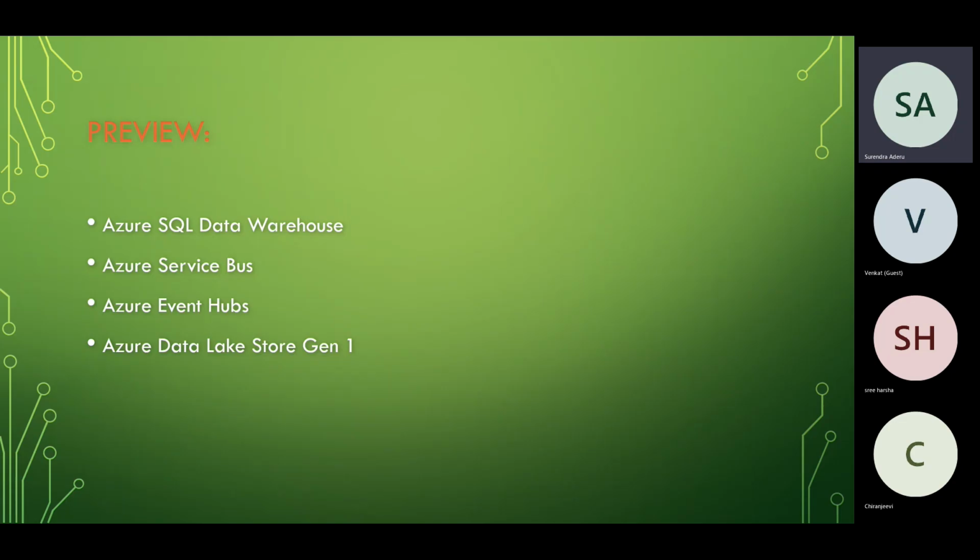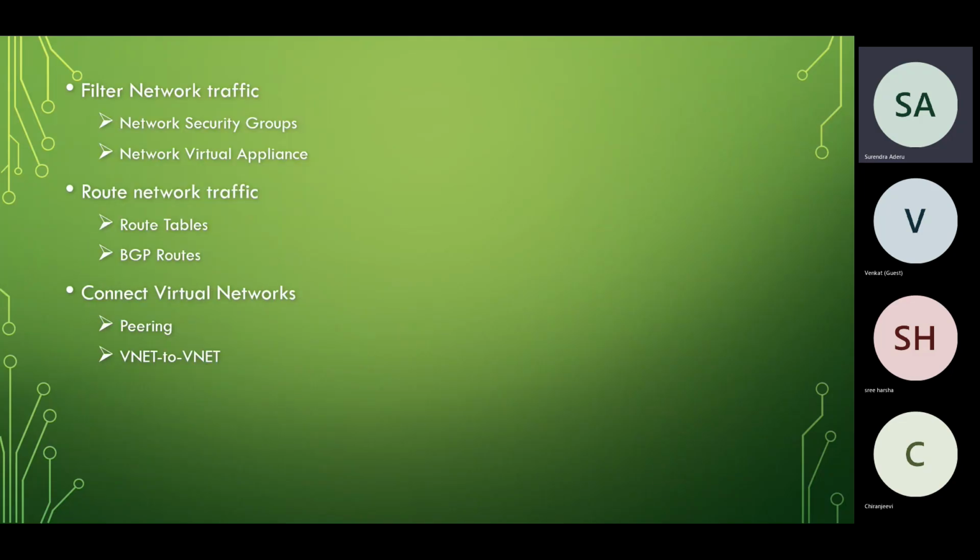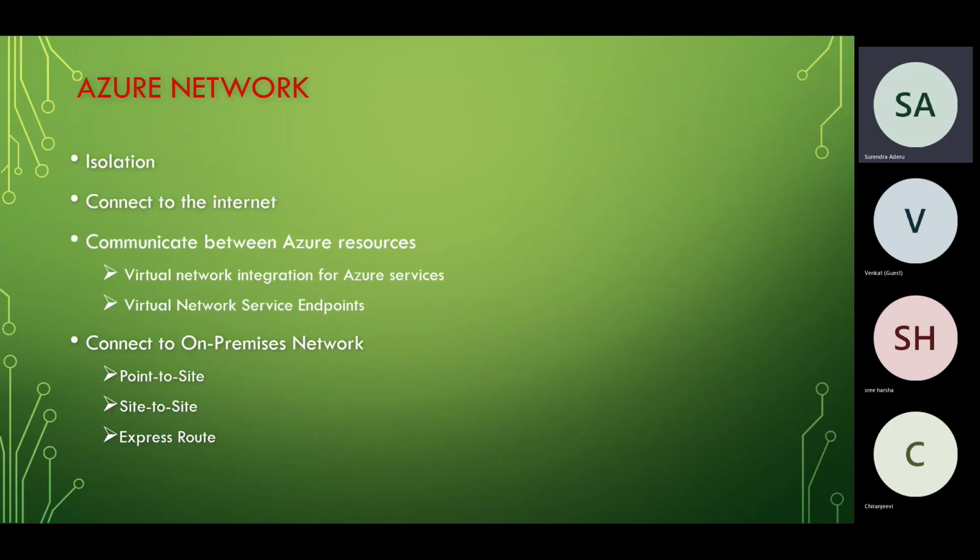Some of these were in preview by then, and now support services like Event Hub, Service Bus, SQL data warehousing, and Data Lake. So all these services support VNet integration as well as service endpoints. That is to make sure that your application and your virtual machine can have secured connectivity to your PaaS services.